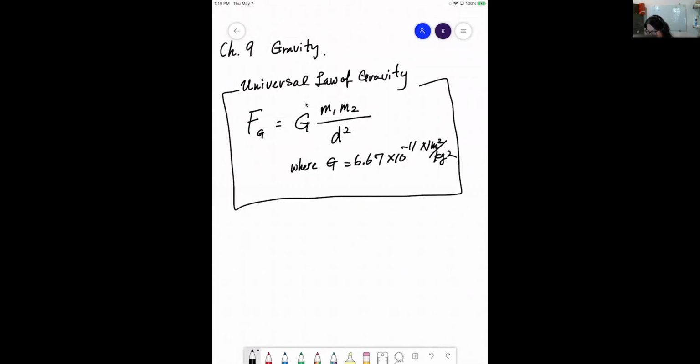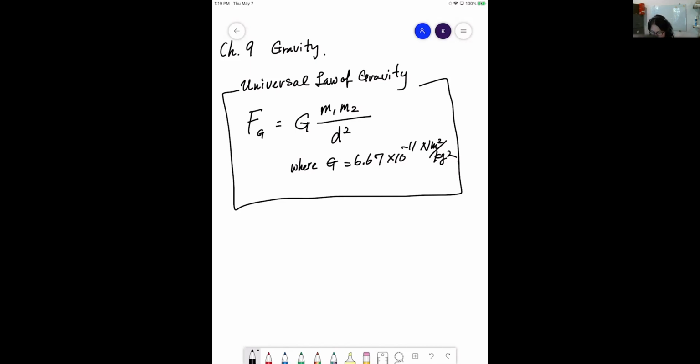And you see that the universal law of gravity says that the gravitational force between the two objects depends on the mass of the two objects and a constant value. And it also depends on the distance between them by 1 over d squared.